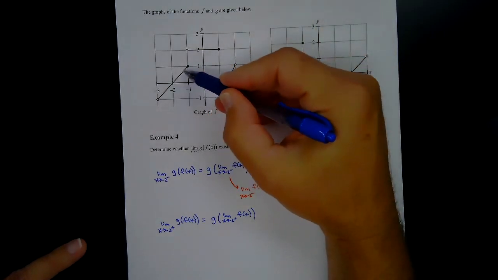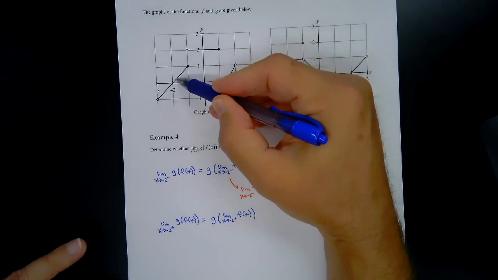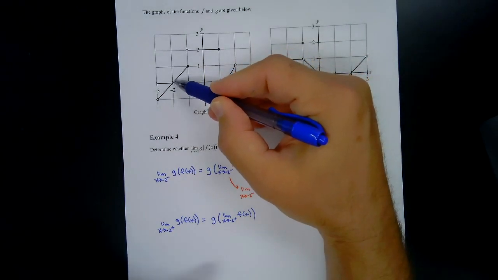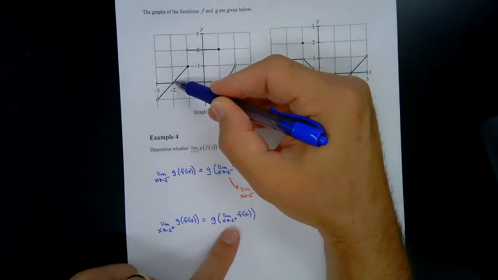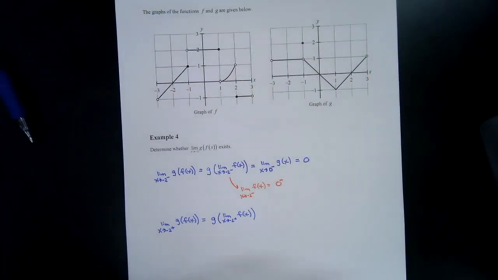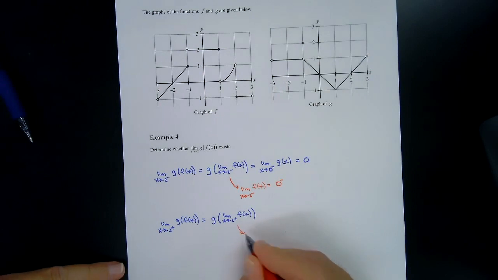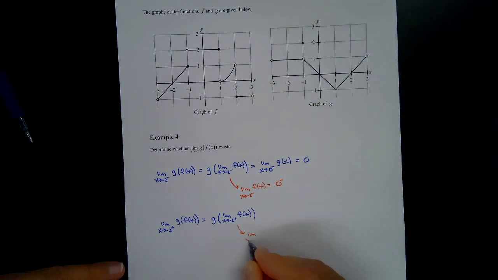So here's -2. We're approaching it from the right. It's getting closer to 0, right? So the answer to this by itself would be 0. But again, that's going to go into something, right? So this limit as x approaches -2 from the right of f of x is equal to 0. Yes, but I need to know what side of 0 it's approaching because this output becomes an input.